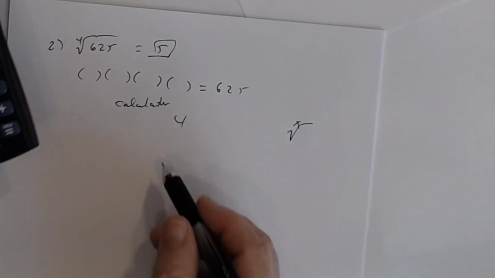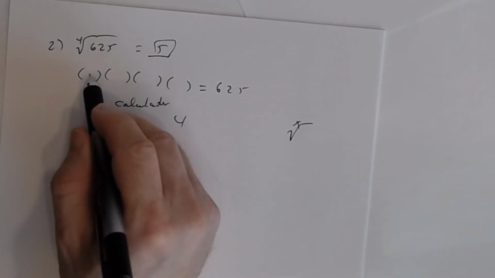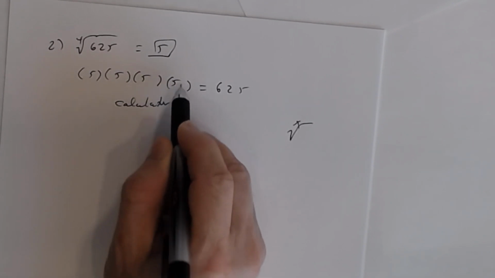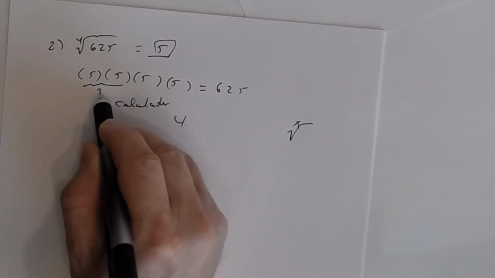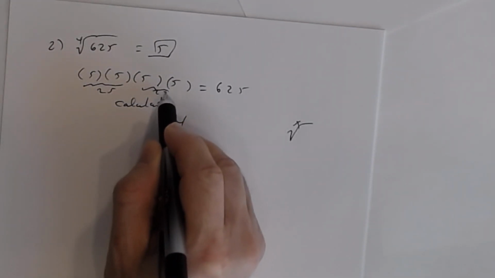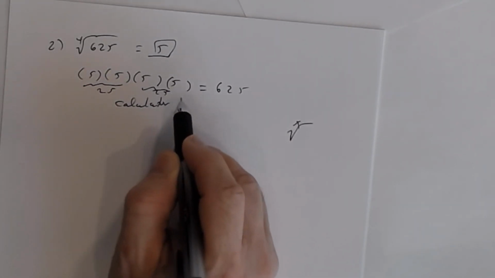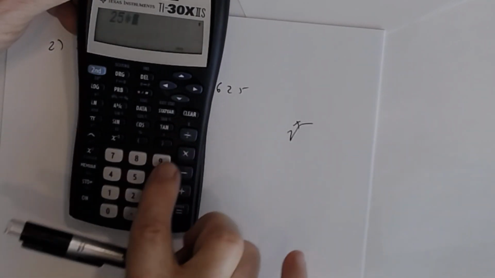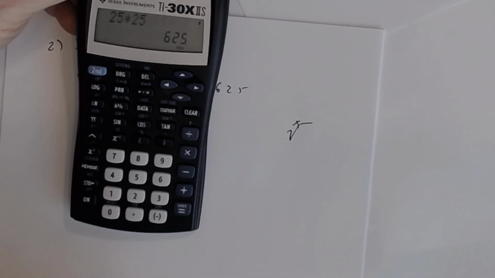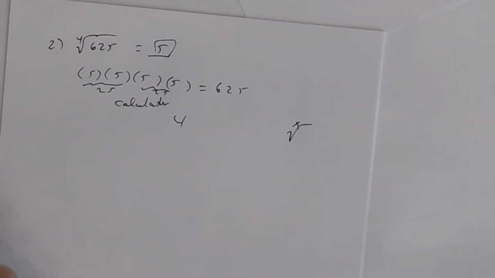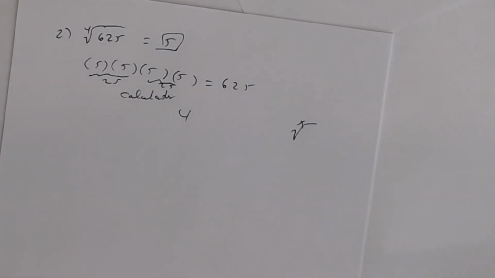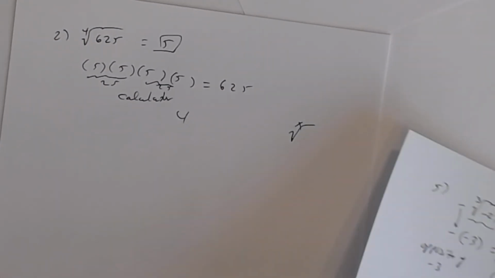And it makes sense because 5 times 5 times 5 times 5, see, that's 25, and 25 times 25 is 625. Okay? So that is part of Wednesday, I think, that you'd be looking at.